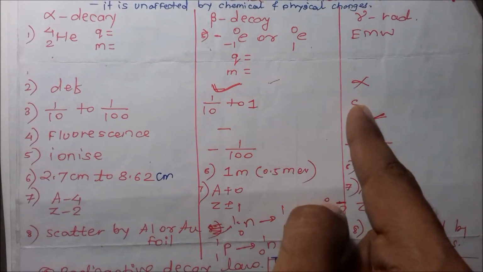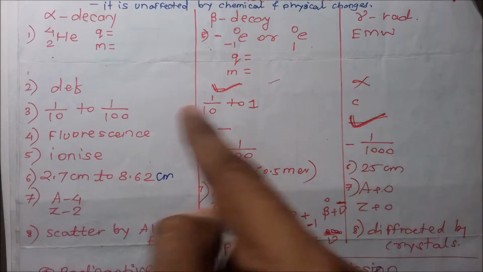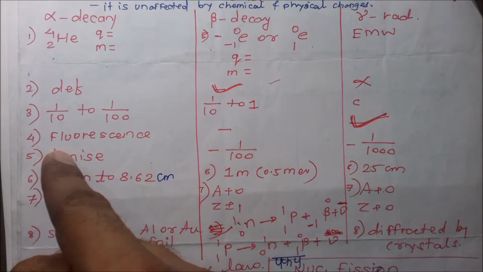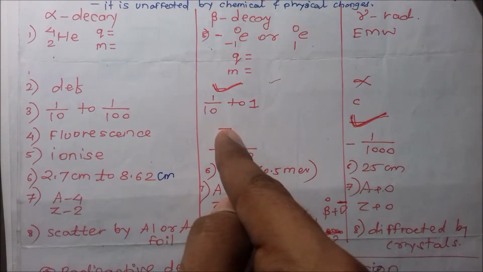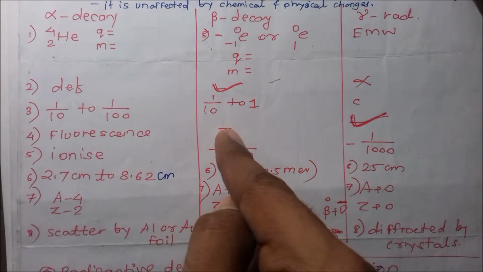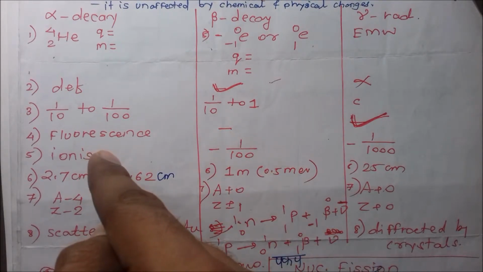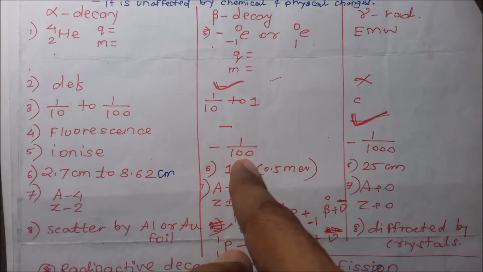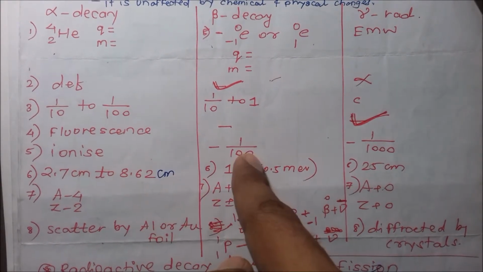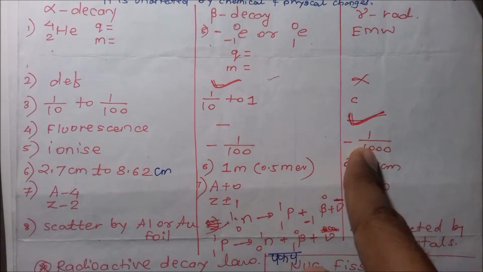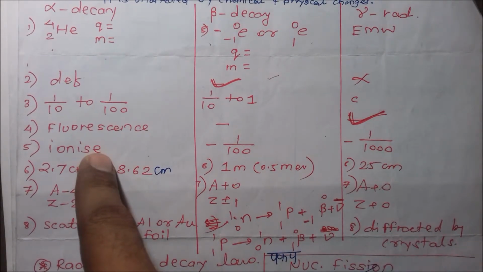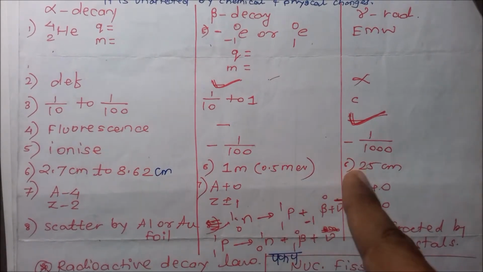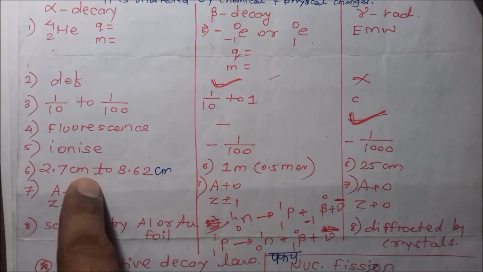Here velocity is c. Alpha shows fluorescence, gamma does not show fluorescence. Ionizing power is maximum for alpha, 1/100th of alpha for beta, and 1/1000th of alpha for gamma. Penetration power maximum for gamma, minimum for alpha.